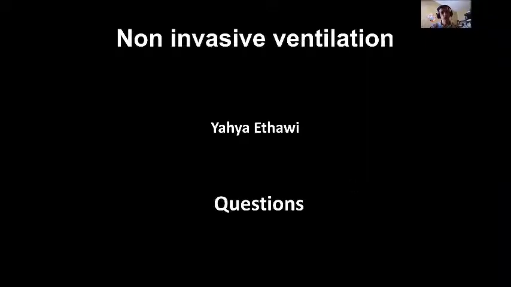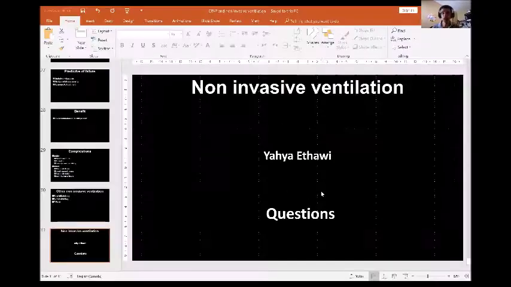The question from Awat: which type of CPAP, continuous or variable flow, are you using in your unit and why? I told you about this. We use the variable flow CPAP. But when we transport a baby from the resuscitation room to the NICU, we use continuous flow CPAP.